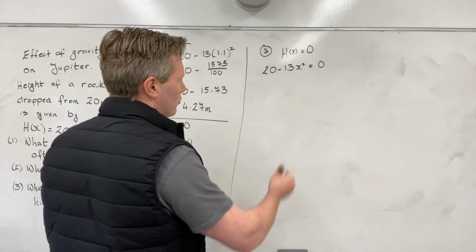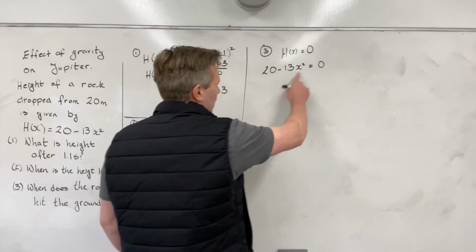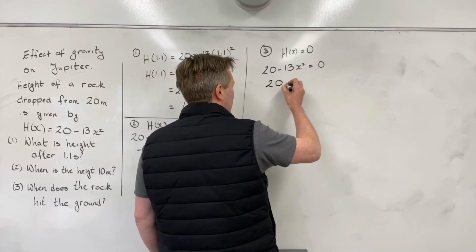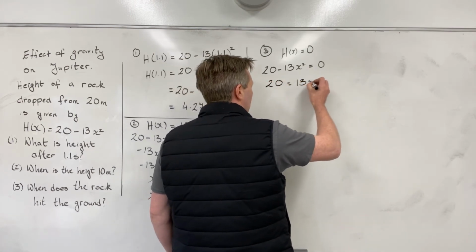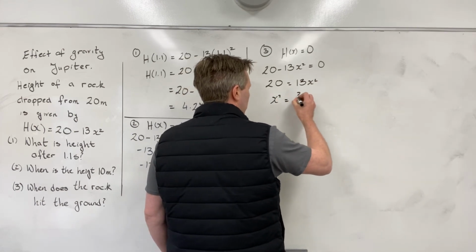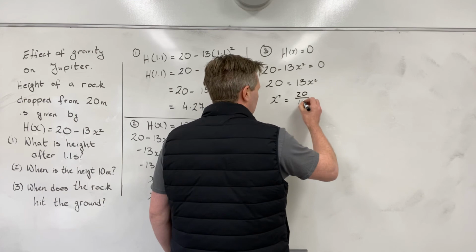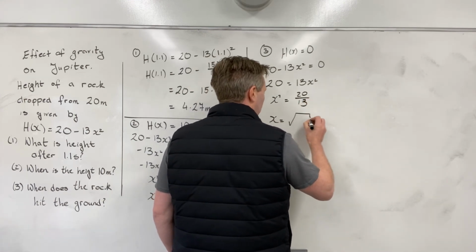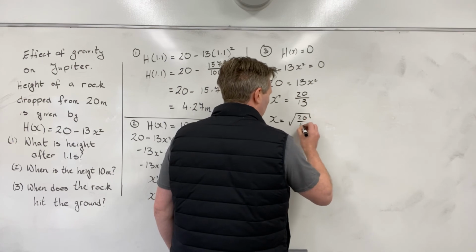Now I can solve this equation. I'll add 13x squared to both sides. I will get 20 is equal to 13x squared, and therefore x squared is equal to 20 over 13, and therefore x is equal to the square root of 20 over 13.